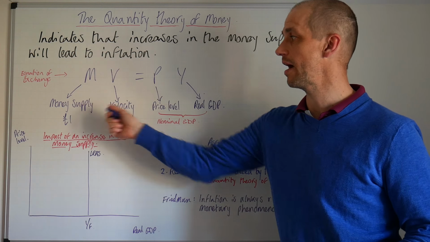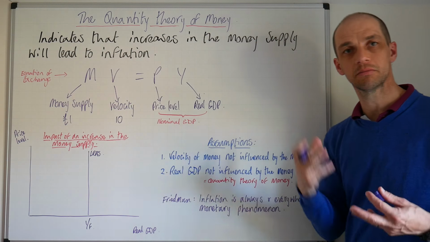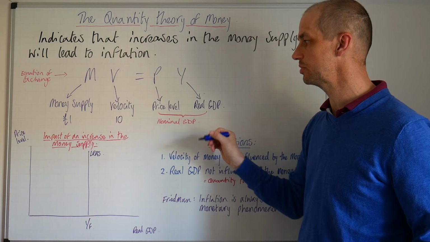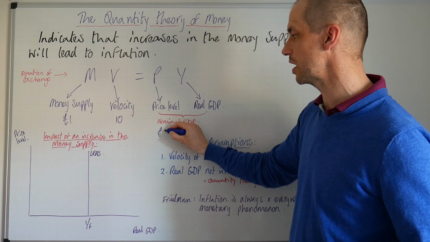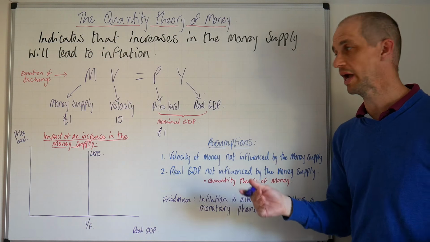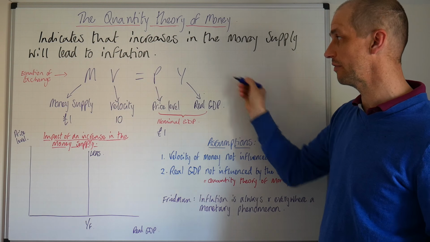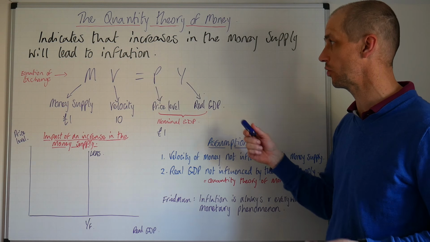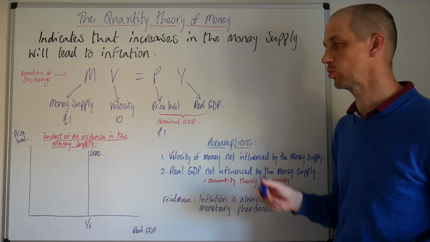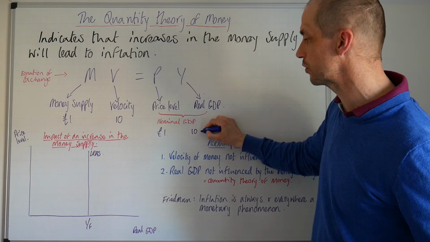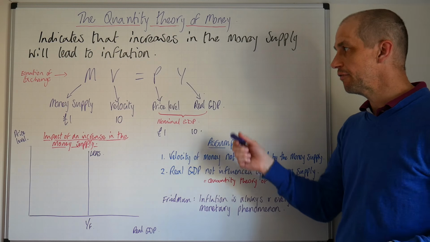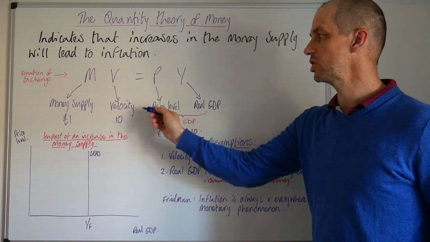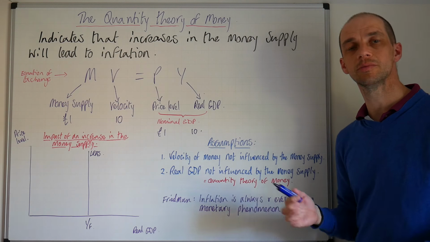So if we have £1 being exchanged 10 times, then we can see the price level in the economy is going to be £1, and the level of economic output, the goods and services actually produced in the economy, which Y helps us to understand here, is of course 10. So therefore we can see that 1 times 10 equals 1 times 10.